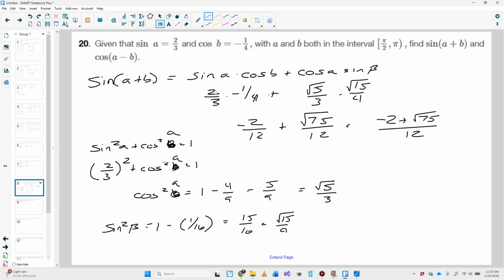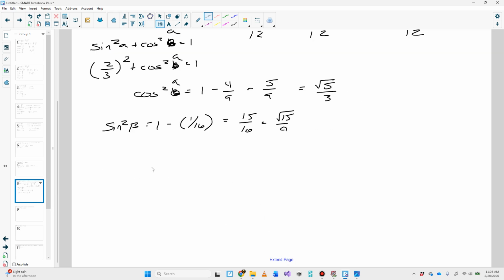Here's the neat thing about all of this: the information that I found, I might be able to use in addition to finding cosine A minus B, because the solution to cosine A minus B is equal to cosine alpha cosine beta plus sine alpha sine beta. We've already discovered what cosine alpha is.